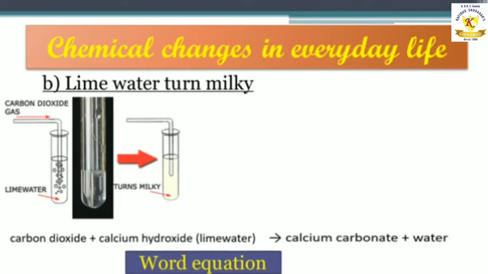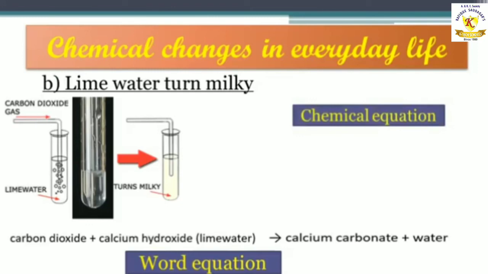So the turning of milky lime water, that is the blown gas mixed in it, is because carbon dioxide is formed. So let's see the chemical equation for this.